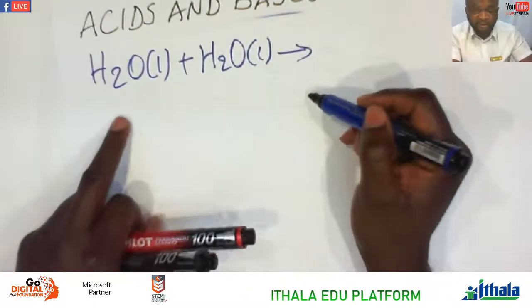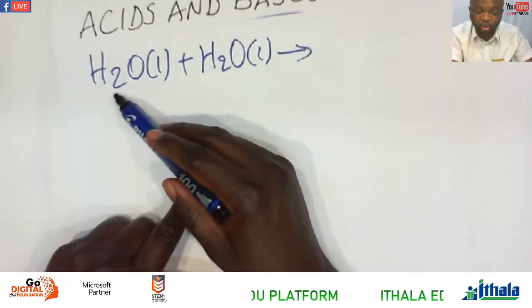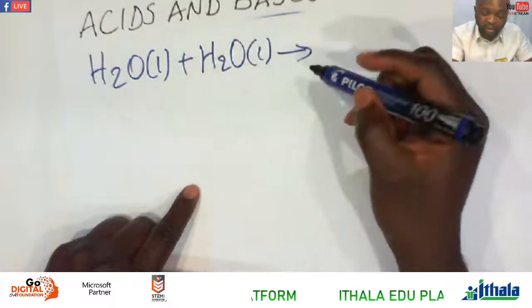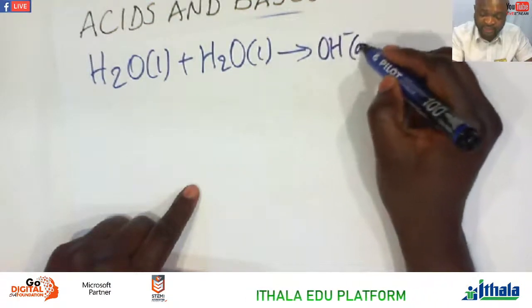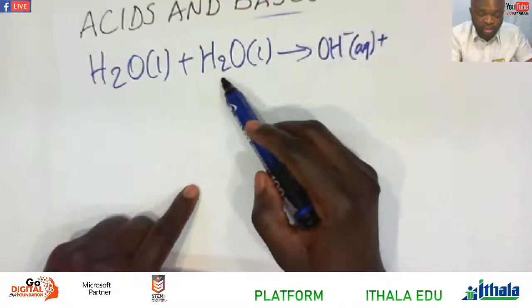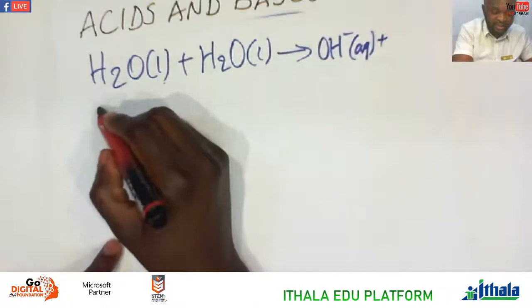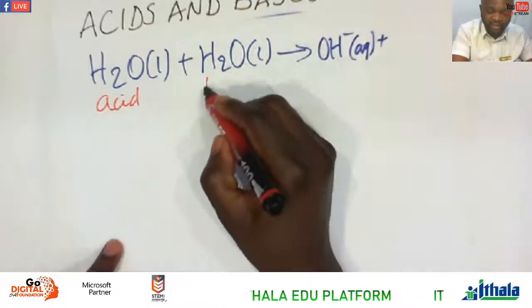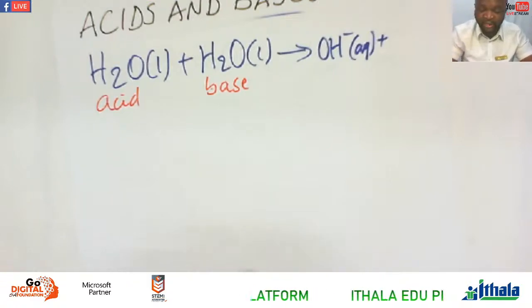So in that case, if this H2O reacts as an acid, it will be what? A proton donor. It must donate the hydrogen, and it will remain as OH minus, aqueous. Then plus the other H2O now acts as a base, and if it is a base, it's a proton acceptor.